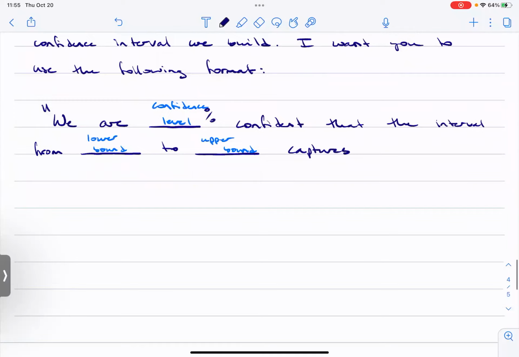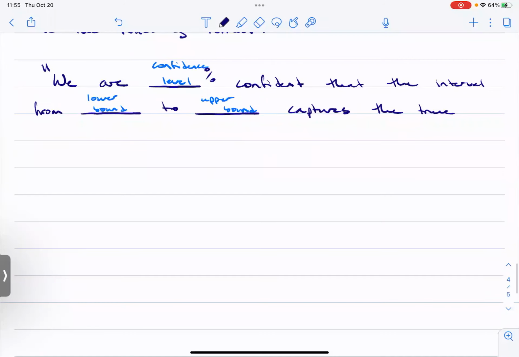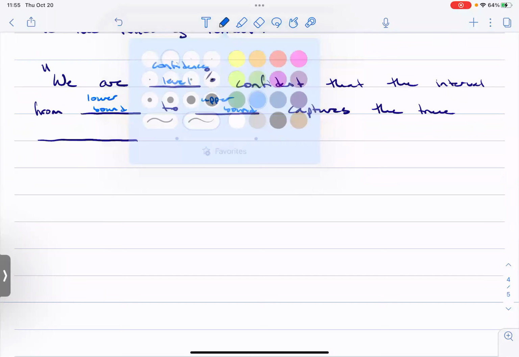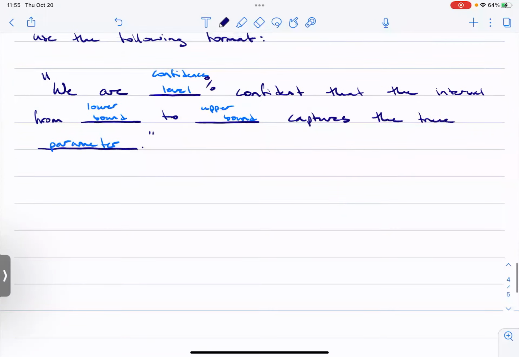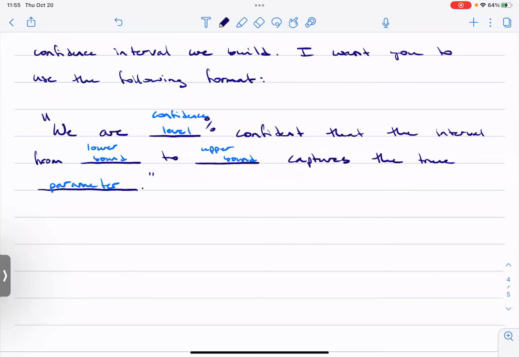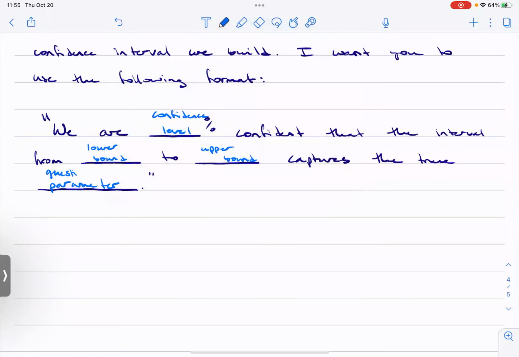So captures the true parameter, or the true blank, which you're going to steal from the question, but it's going to be the parameter that you're interested in. Okay. And maybe I'll say question specific. Question specific parameter.